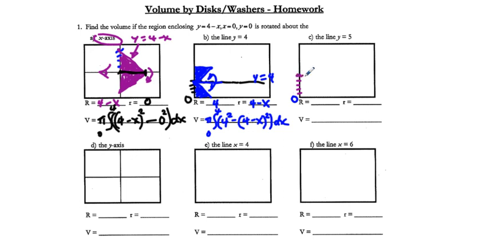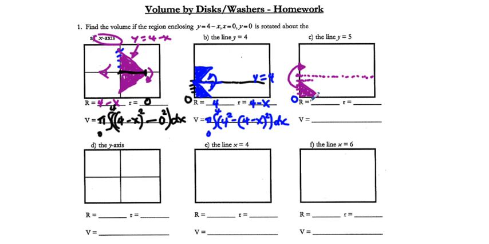Okay, so our axis of rotation in this case is going to be y equals 5, but the function is the same. So we're talking about this shaded purple area. Instead of rotating it around y equals 4, we're rotating it around a bigger radius of y equals 5. So this can be very similar, except the distances are going to be different.